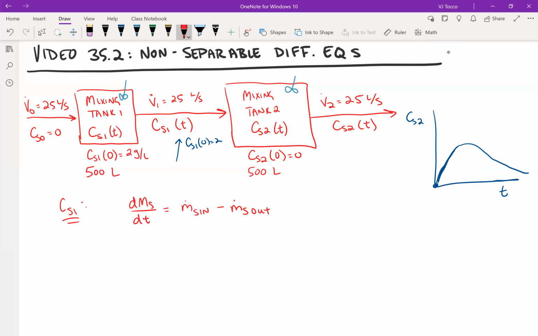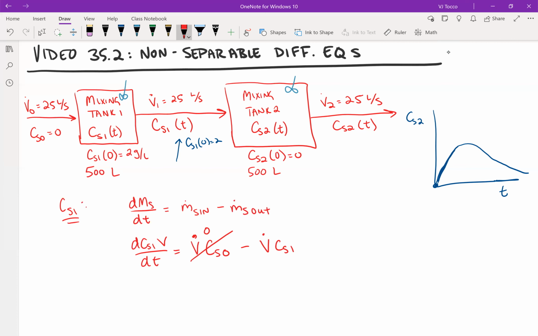So d(CS1 times V)/dt is equal to V dot times CS0. I'm just going to call it V dot again because V0, V1, and V2 are all equal. And CS0 is 0 because it's pure water. The mass of salt out is V dot times CS1.